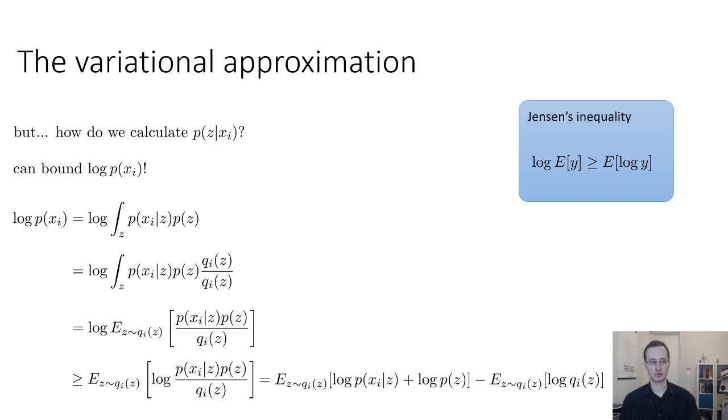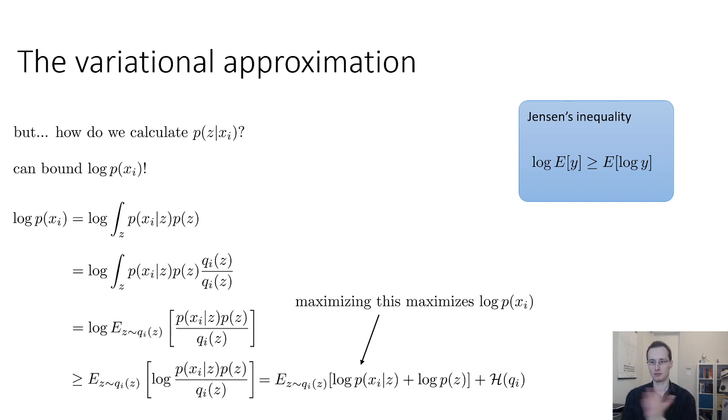And that's because that last term actually has a very special meaning in information theory. The last term here, the expectation under qi of z of log qi of z, is the negative entropy of qi. Entropy is a very special quantity in information theory that I'll talk about shortly.